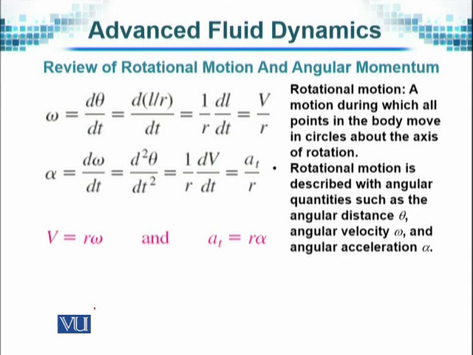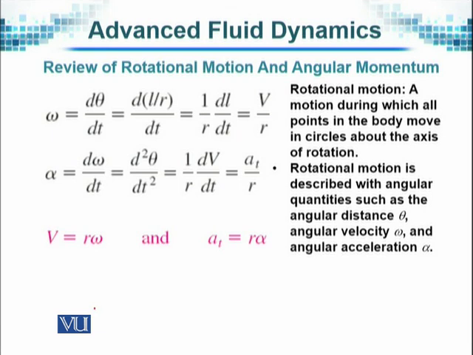So that is equal to 1 over R into dL by dt, which can be written as 1 over R into velocity v. So omega can be written as v over R, and that is the relation that we have built up. The angular acceleration alpha is the rate of change of angular velocity with respect to time.